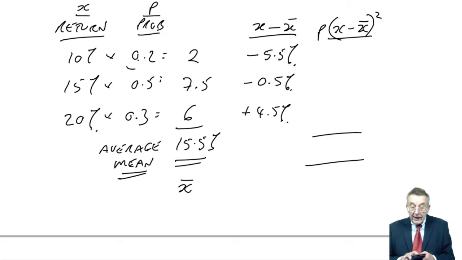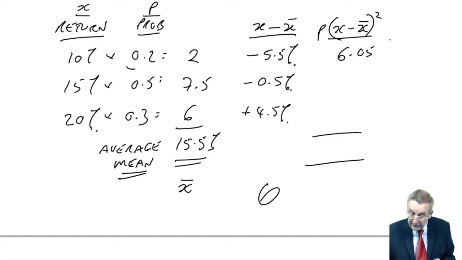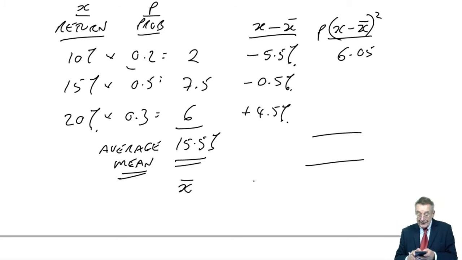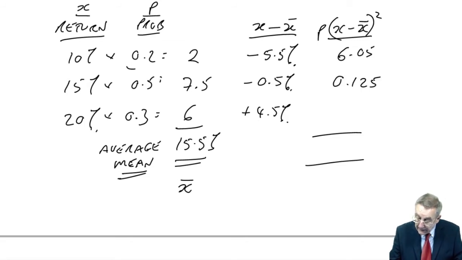So let's do it. 5.5 squared times probability 0.2 is 6.05. 0.5 squared times the probability 0.5 is 0.125.